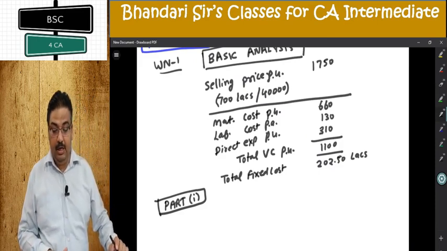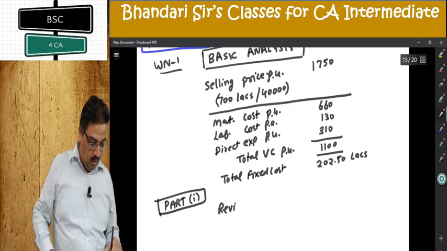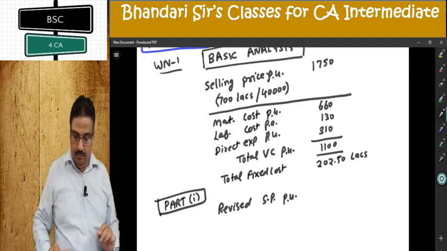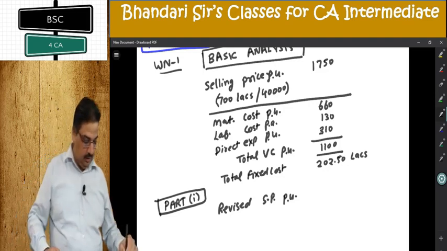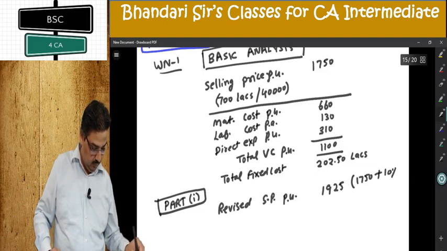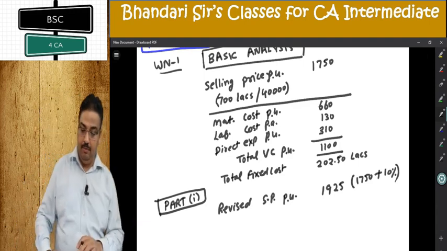Profit with 10% increase in selling price. Revised selling price per unit: 10% increase, 1750 plus 10%. 175 increased, so it becomes 1925.